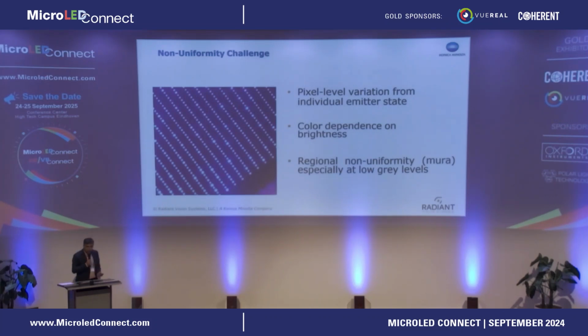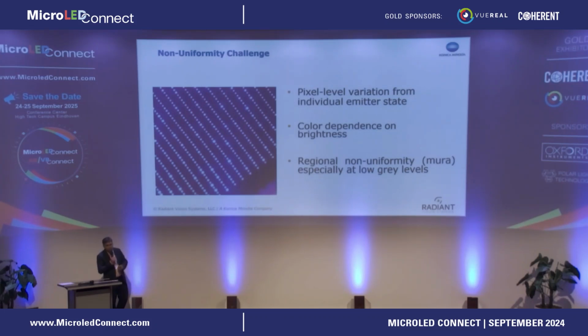So the non-uniformity challenge, what do we have here? On a pixel level, you can see variance in luminance because micro-LED is mature, but it is still improving, and there are challenges when it comes to uniformity on the luminance level. We have seen displays which show a wide variance of luminance because they are extremely bright.